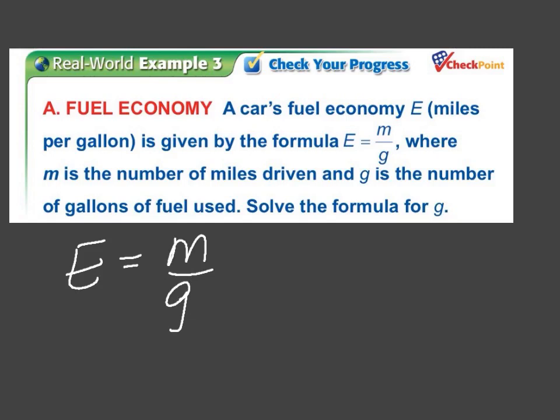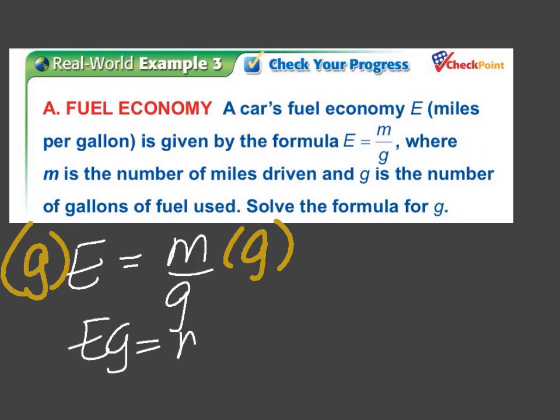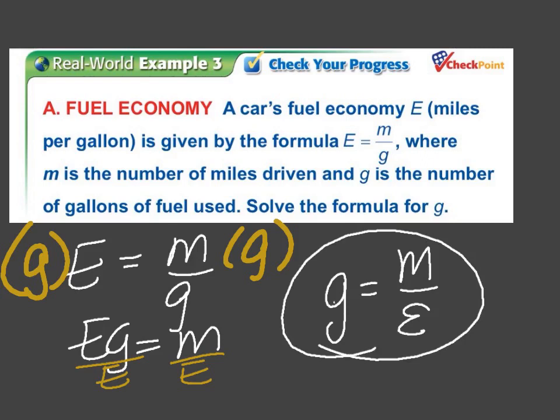Your first one, you can multiply by g just like we did before, and then that is going to leave you with E times g equals m, and then from there you can turn around and divide by E, and that will give you your g by itself. So you're going to have g equals m divided by E. Okay? Let's do another one.